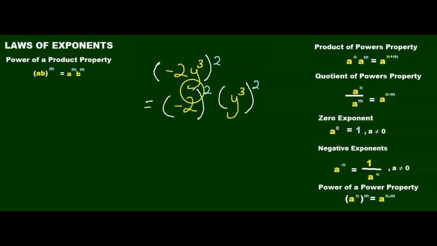This is very important, especially when you have negative terms and you have a positive exponent, because the negatives will become positive. So that gives me negative 2 times negative 2 gives me a positive 4. And y cubed to the power of 2 gives me y to the power of 6, because 3 times 2 equals 6. And that's your final answer.